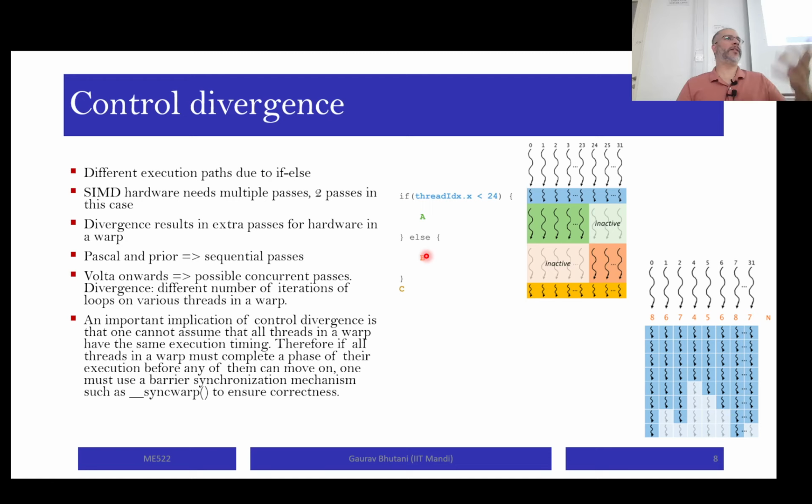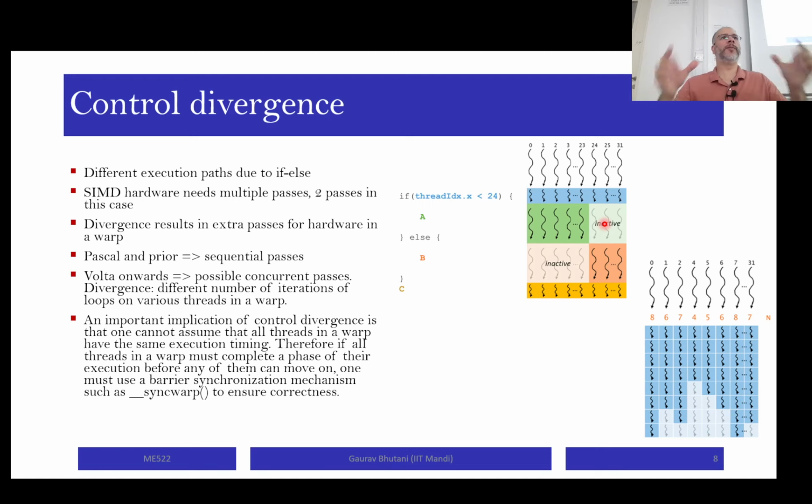The reason is, let's say you have 32 threads in a given warp. Out of these 32, 24, from 0 to 23, execute the logic A. The way if else works is that when in a given warp you reach a situation where some of the threads have to execute the logic A, which is represented in green here, then the threads which are not executing the green logic, or the then logic in the if, become inactive.